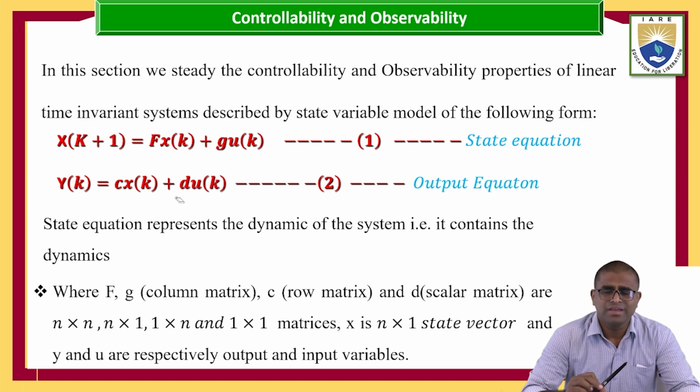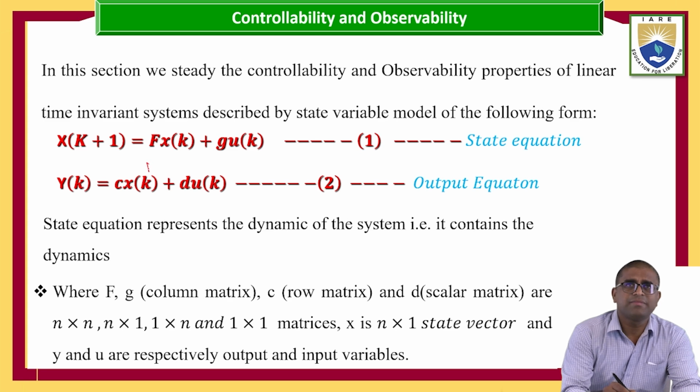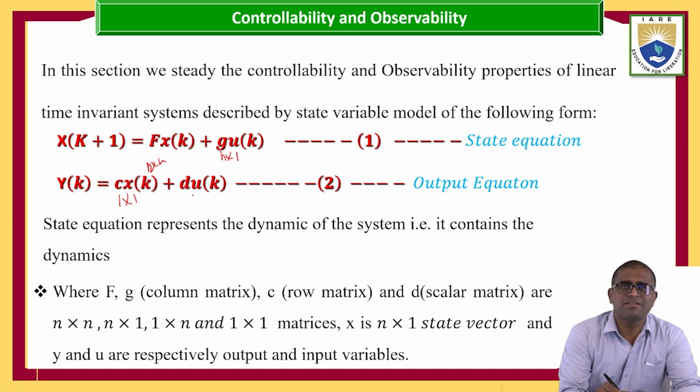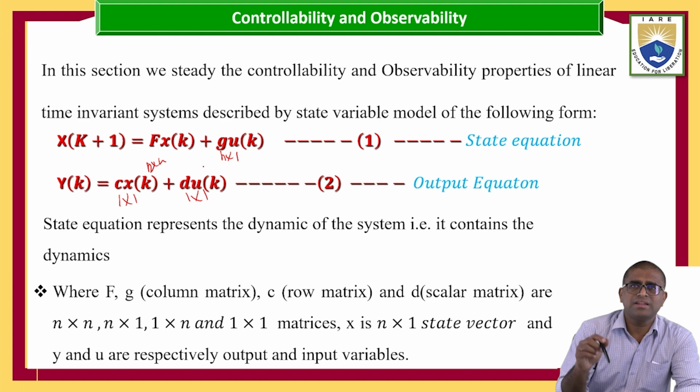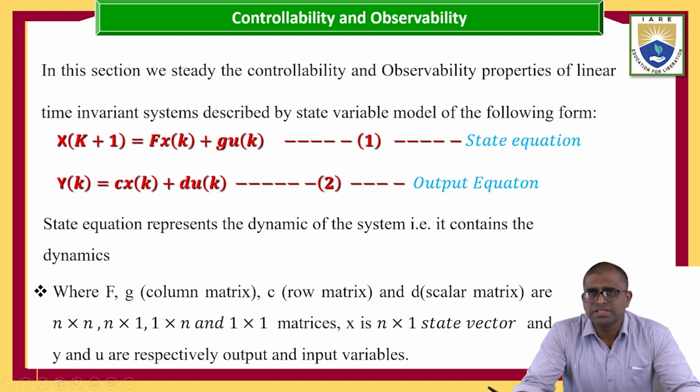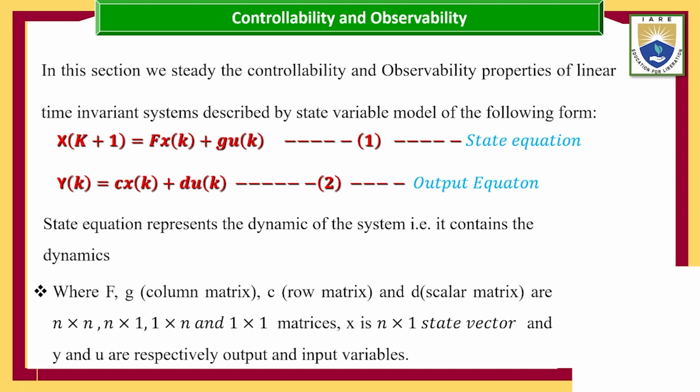The size of F is n by n, G is n by 1, C is 1 by n, and D is the scalar, that is 1 by 1. Now, the state variable x is also a vector, that is, the state vector, and the size is n by 1. In the state equation and output equation, y and u are the output and input variables.